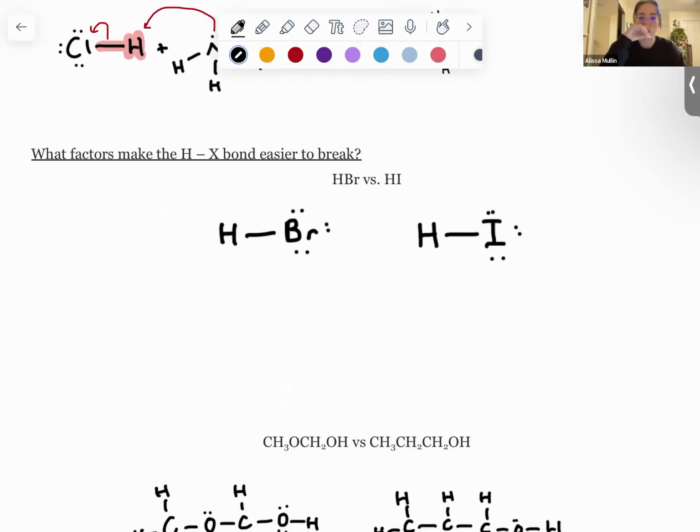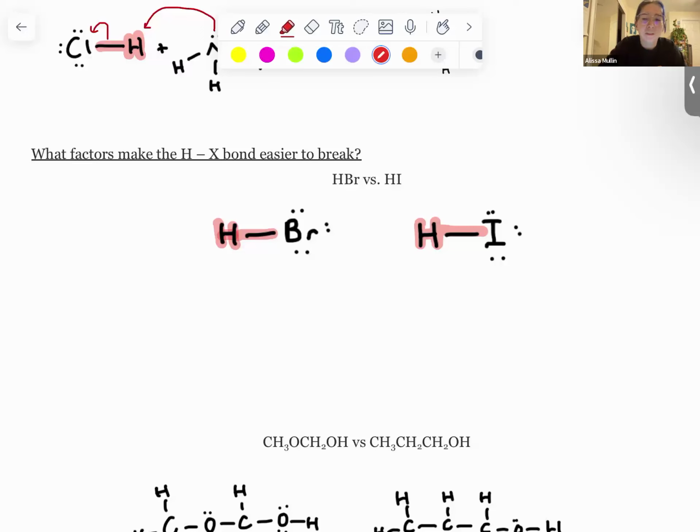So let's look at a few examples to illustrate how we are going to make these comparisons, like what factors we should care about when considering the strength of these bonds. I'm going to highlight all my acidic protons, my acidic hydrogens, so we can think about what bond we are trying to evaluate here.